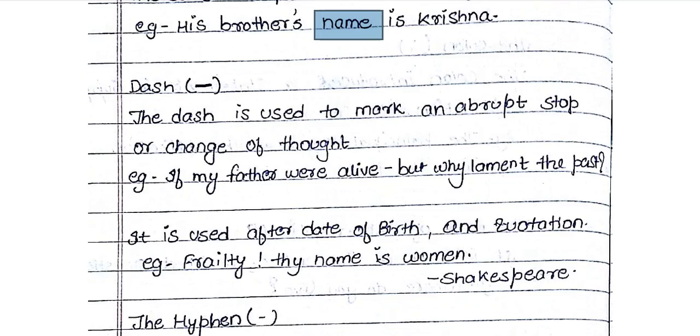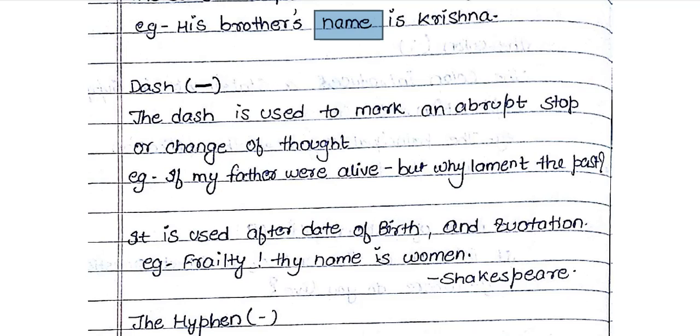Okay. Next one is dash. There is a difference between dash and hyphen. Dash is a little big one, horizontal line, and hyphen is a little smaller horizontal line. So the dash is used to mark an abrupt stop or change of thought. It will be clear by example, like if my father were alive, but while I'm in the past.